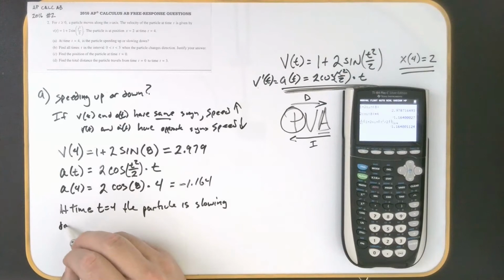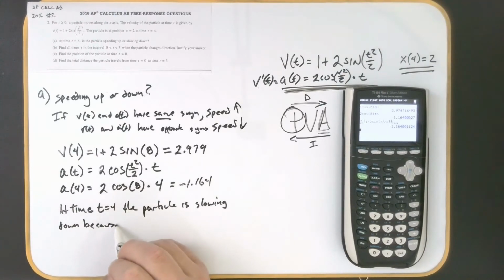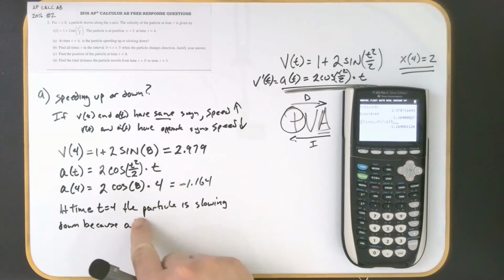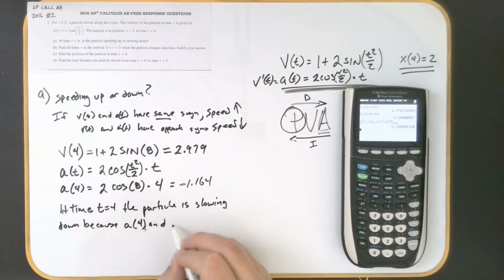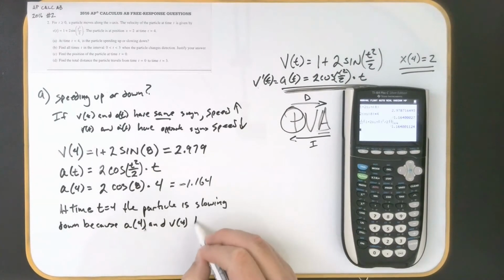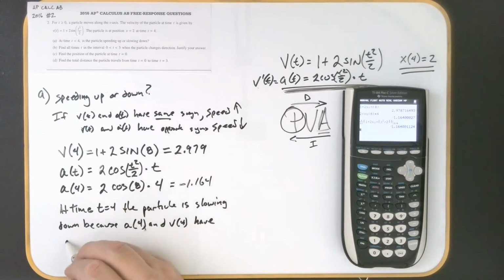Is slowing down, and our reason is because a of 4 and v of 4 have opposite signs. And there would be your points. 2 points there for that one.